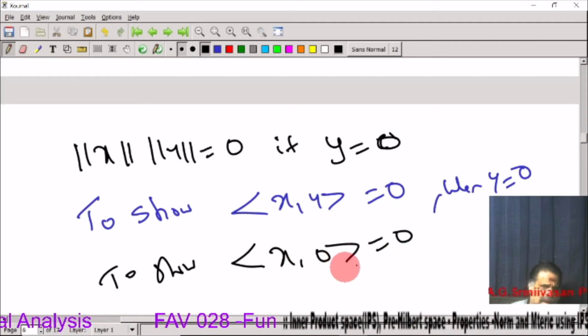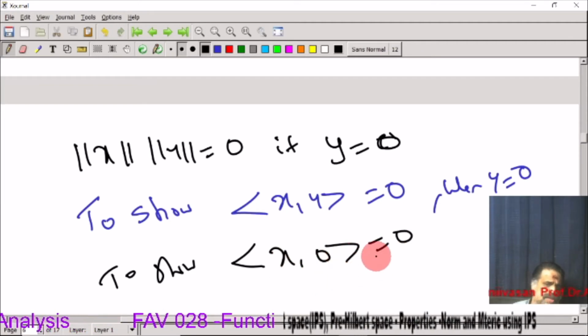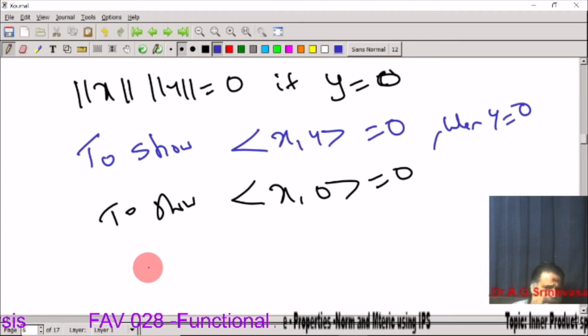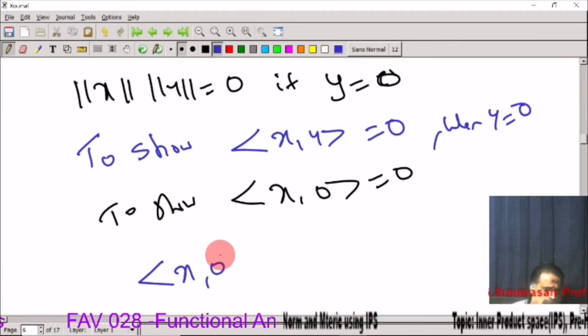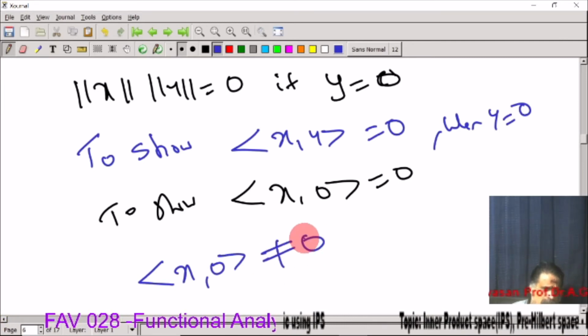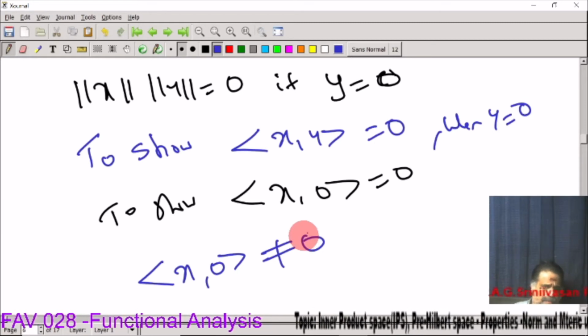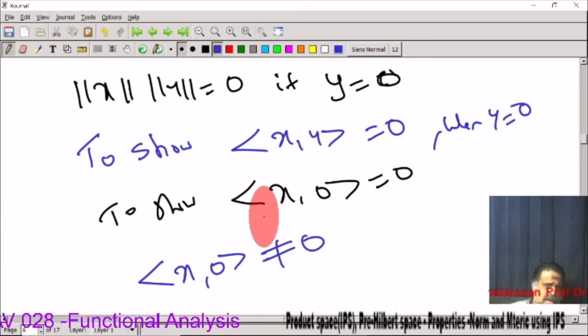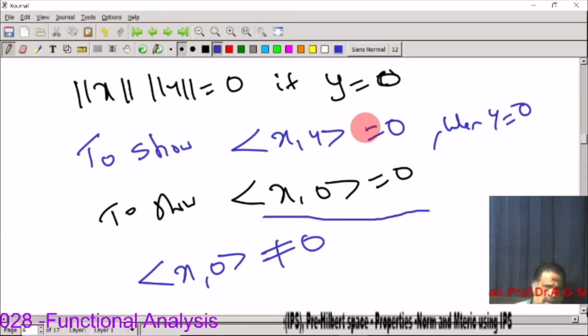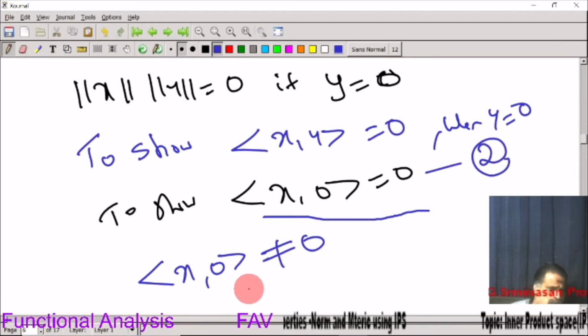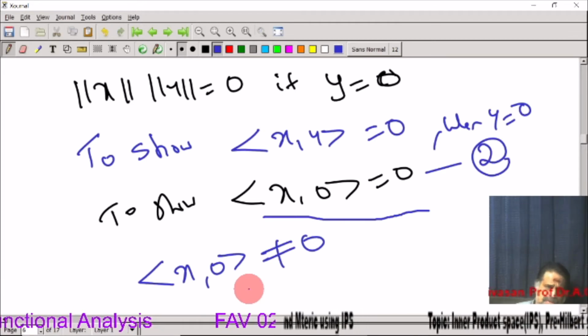Now, we assume for the argument's sake that inner product x0 is not equal to 0. Let's see what happens. We wish to show inner product x0 is equal to 0, which I will call 2. We want to show 2, but I assume inner product x0 is not equal to 0.